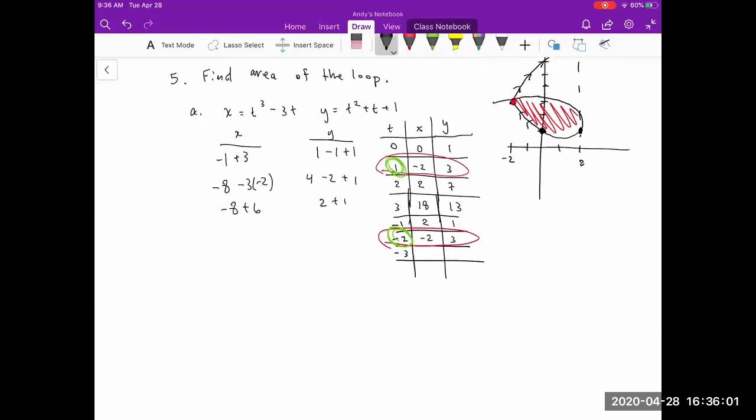So now we know that, let me just write this: the loop occurs for t values in between -2 and 1. So that part was unobvious in that we had to graph.